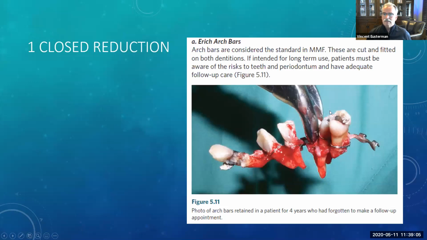Here's a patient who was missing for 4 years, finally came back in, and this is his arch bar. It's an unfortunate circumstance, but arch bars have some major hygiene issues, and those certainly have to be looked at and can be contraindicated in many patients with poor follow-up.